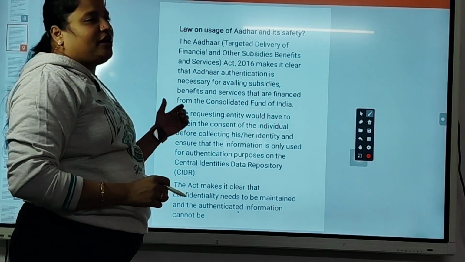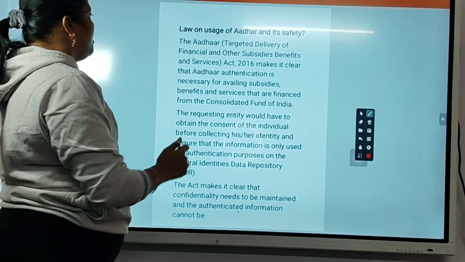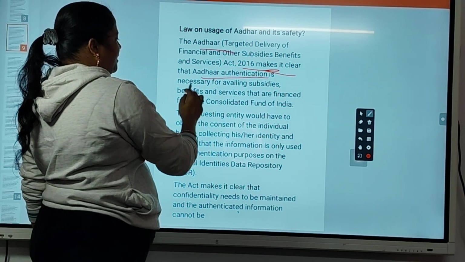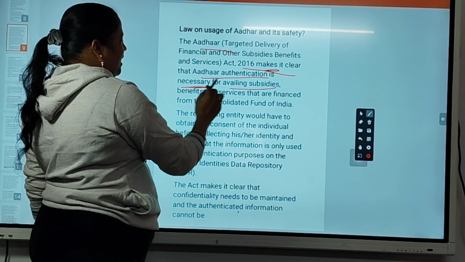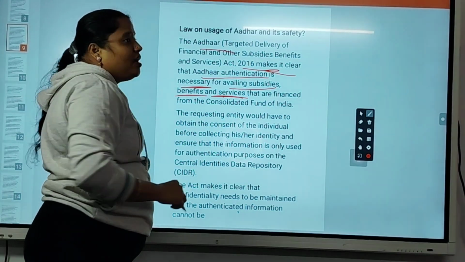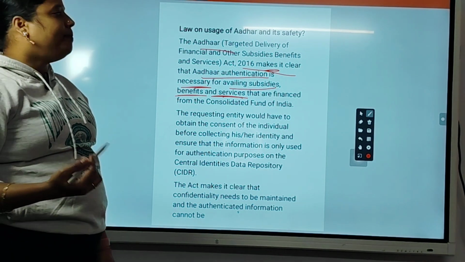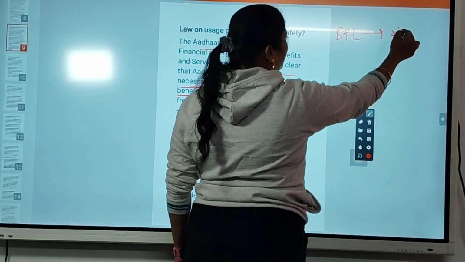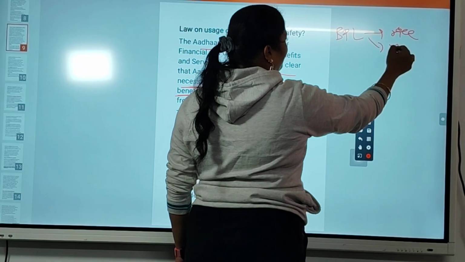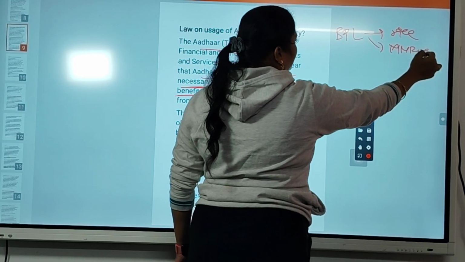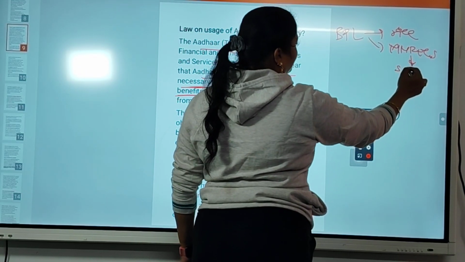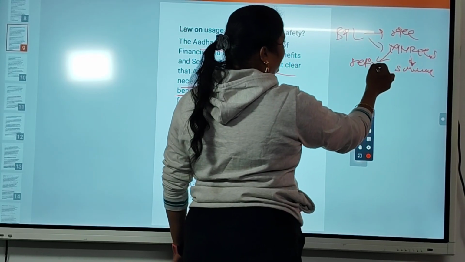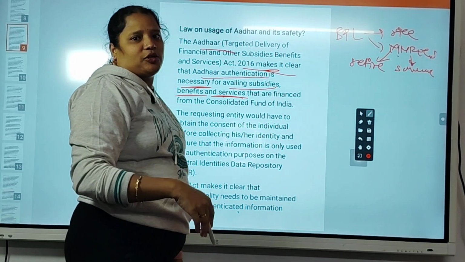What is the law on usage of Aadhaar and its safety? The Aadhaar Act 2016 makes clear that Aadhaar authentication is necessary for availing subsidy benefit services. Why keep our Aadhaar safe? Because suppose BPL families might be getting rice from the central government and MNREGS scheme amount every month, and other retirement schemes etc. They might be getting some amount from the government.